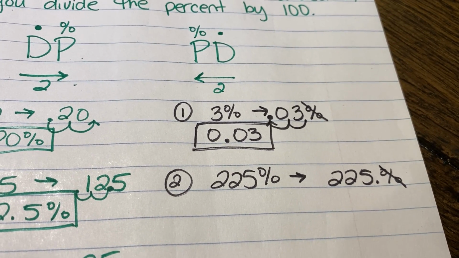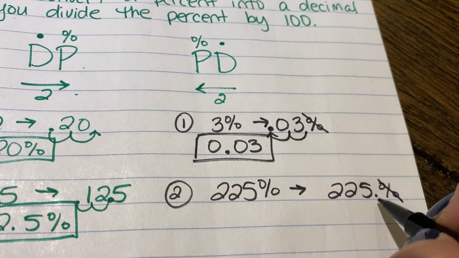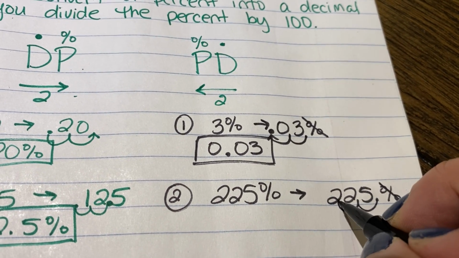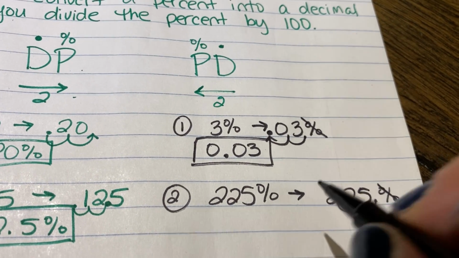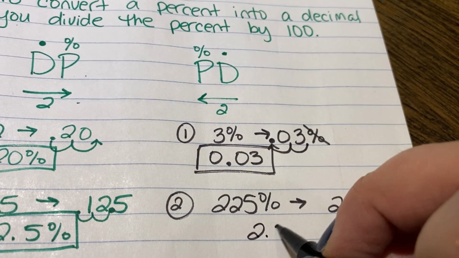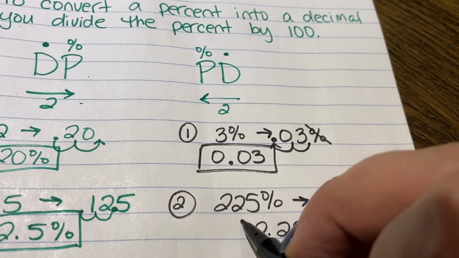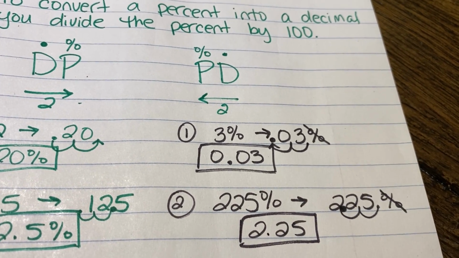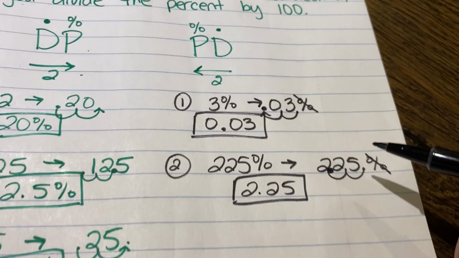And now we can move it 2 times to the left. Again, percent to a decimal, 2 times to the left. So starting here, once, twice, we see that it ends up right here in between the 2 and the 2. So we have 2.25, or 2 and 25 hundredths. All you're doing is moving the decimal 2 places to the left.